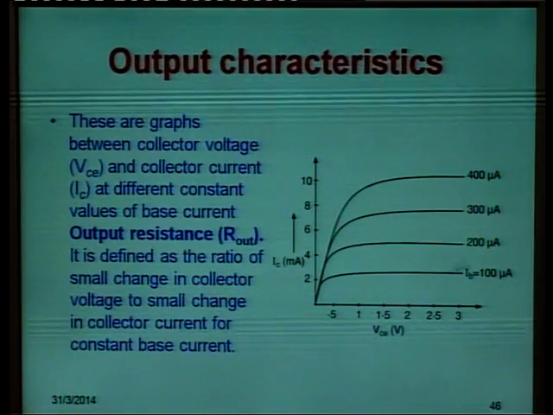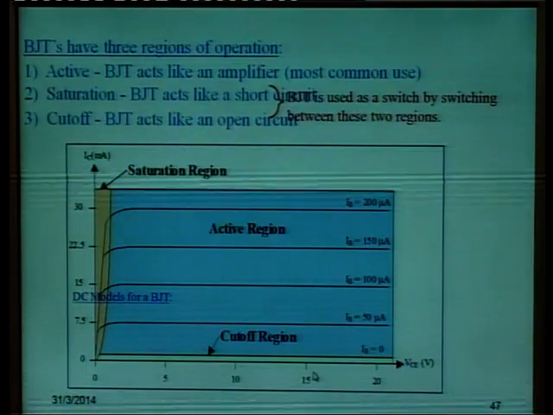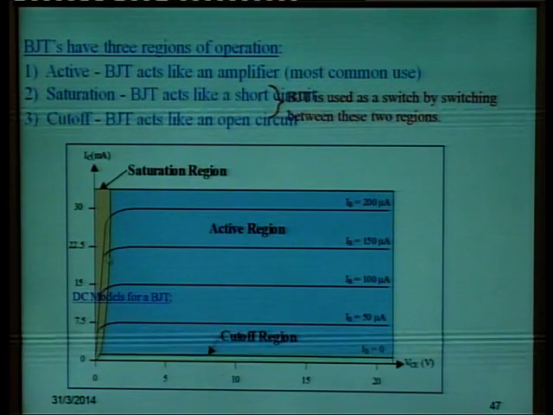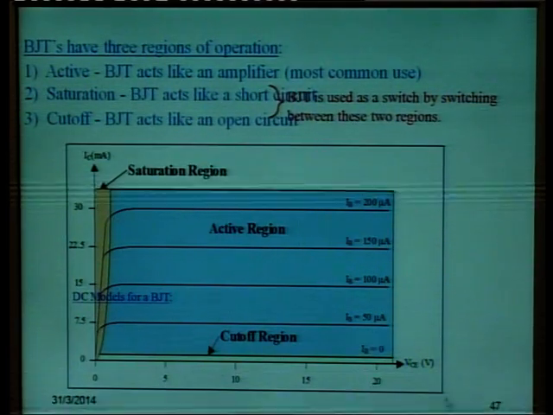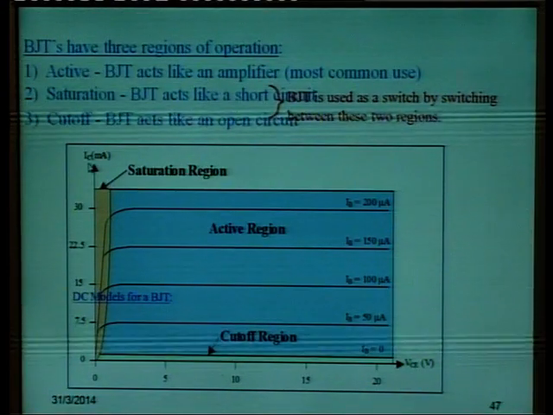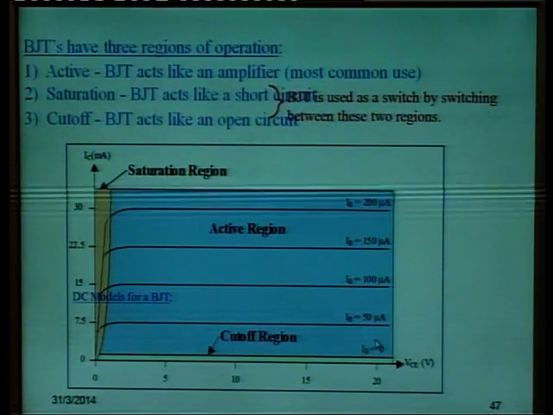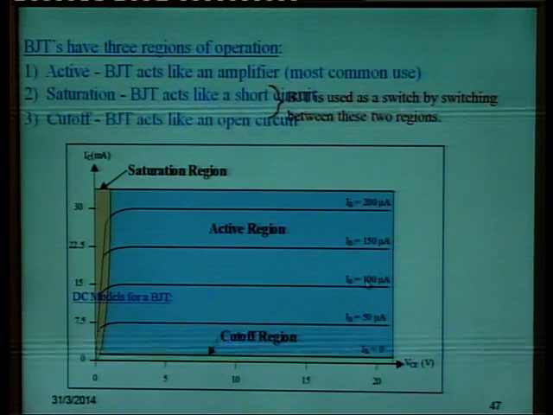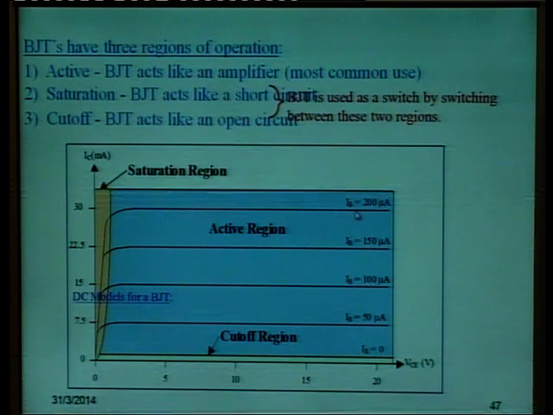The graphs will come out to be like this. This is another graph. This is the output characteristic, common emitter voltage and collector current, keeping base current constant. If you see, this lower one is at a lower base current, and as the base current is increased, the graph shifts upwards.